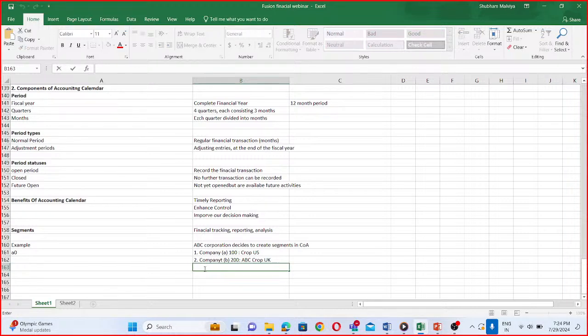Let's say we have a third company, company C, whose code is 300, and it is ABC Corporation situated in India.